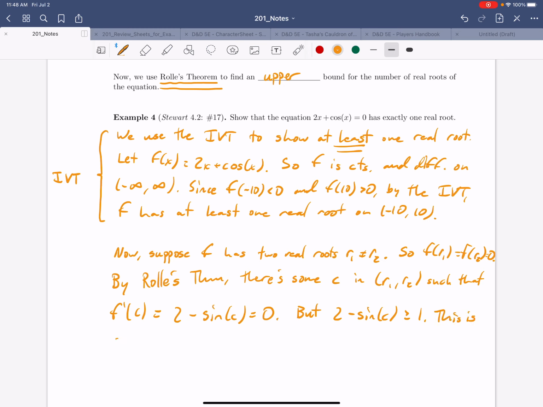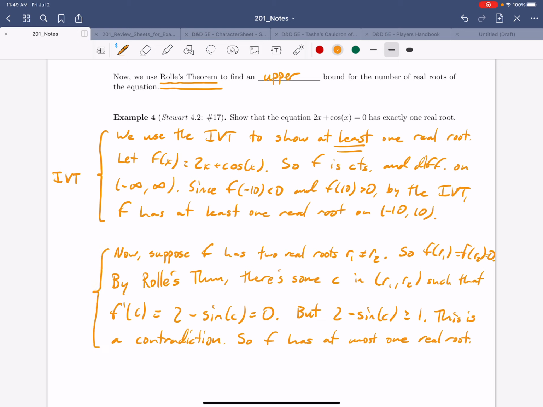This is a contradiction. So f has at most one real root.